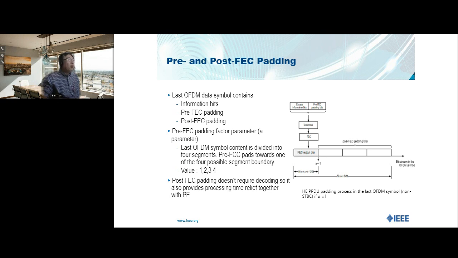So we want to pad to a certain boundary so that we can indicate to the receiver side what the receiver time needs to be, because this has to be a certain boundary, not an arbitrary boundary. So this is the reason we have this pre-FEC padding to one of these boundaries represented by A, then post-FEC padding basically pads to the entire OFDM symbol.